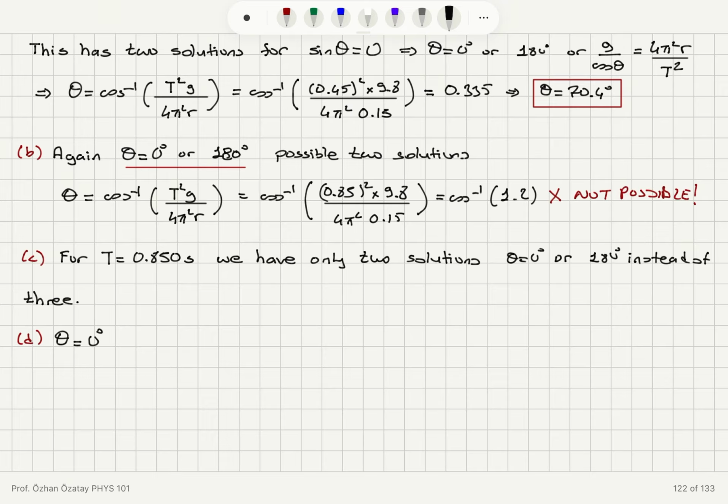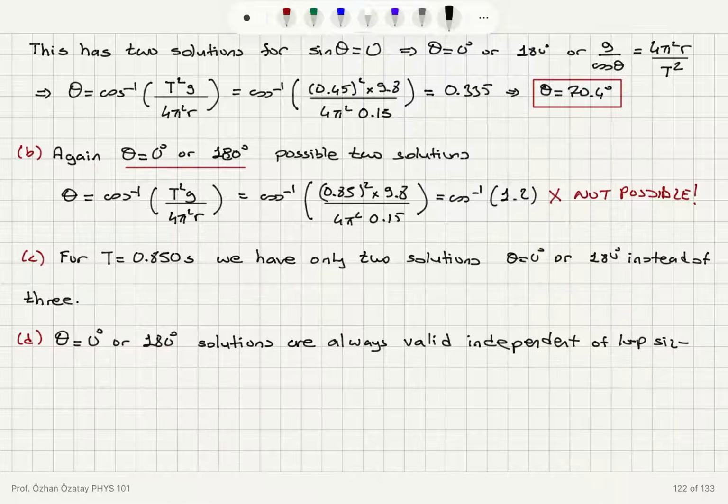So theta equals 0 degrees or 180 degrees solutions are always valid, because the condition sine squared theta equals 0 is independent of loop size or the period of revolution of the circular loop.